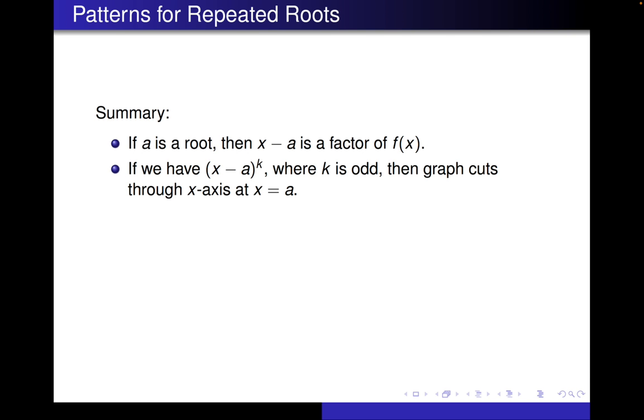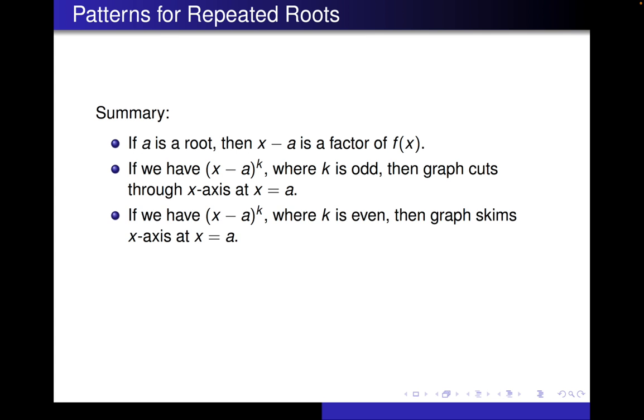It might be just (x minus a) that's a factor, or we might have (x minus a) squared, cubed, or to the 4th. Depending on what that exponent is, if it's odd, then the graph is going to cut through the x-axis, just like (x minus a), (x minus a) cubed, or (x minus a) to the 5th. And if that same exponent k is even, then the graph is going to skim the x-axis, much like (x minus a) squared, (x minus a) to the 4th, etc.